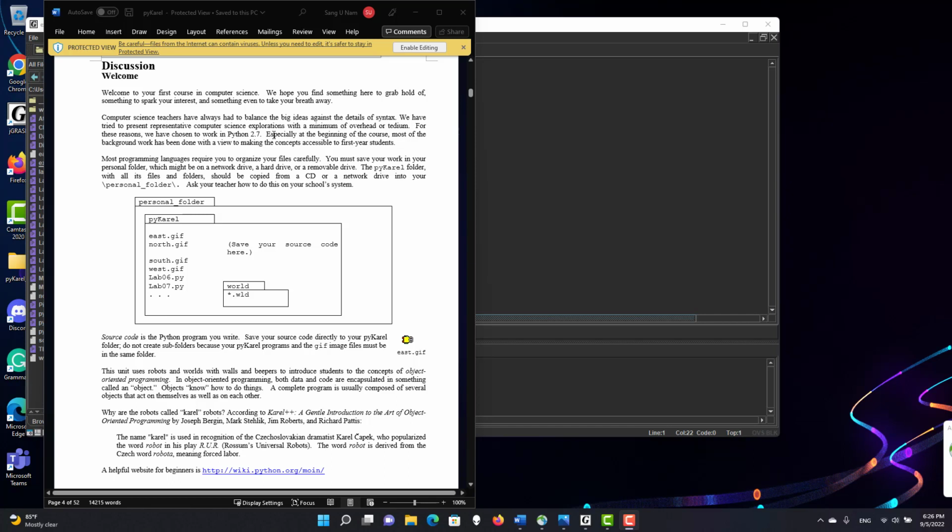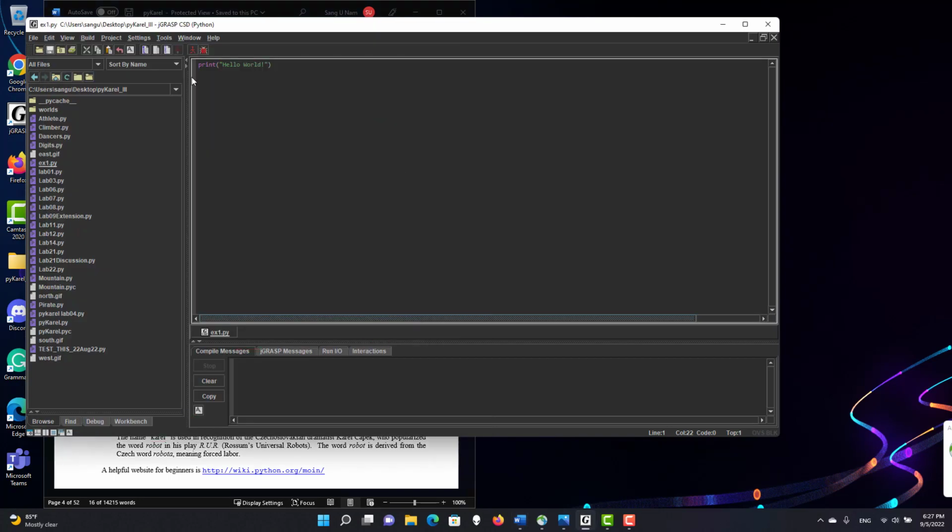Number one, computer science teachers have always had to balance the big ideas against the details of syntax. Mainly, it's really important for you to understand the syntax, and if you don't write your code with the right syntax, you will get an error.